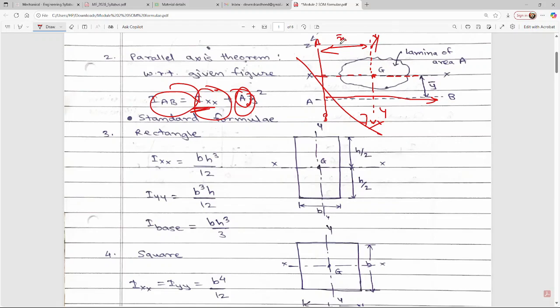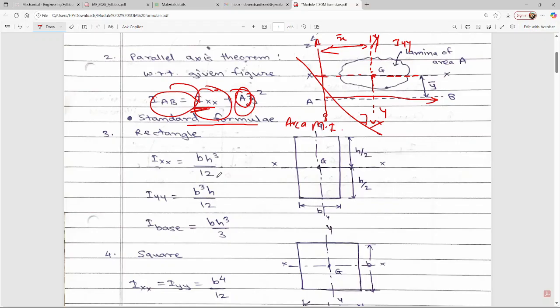I am taking the example. So we know the formula of IYY because it is passing through the centroid, because we have standard shapes and standard formulas for area moment of inertia.